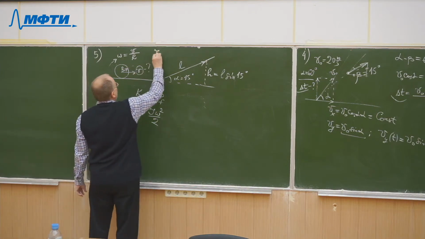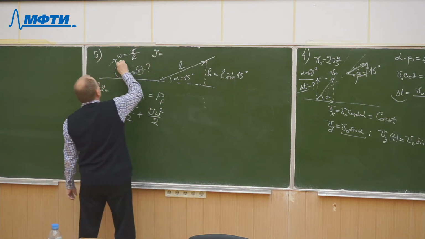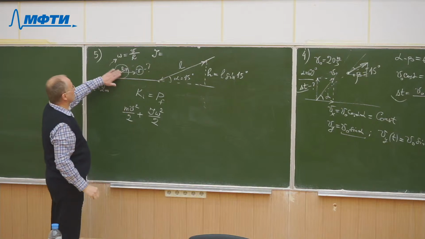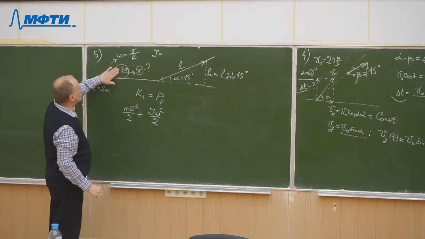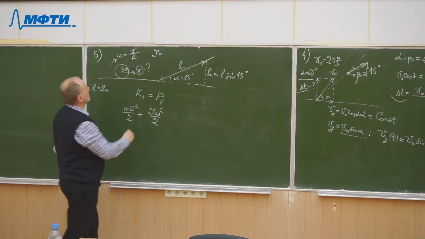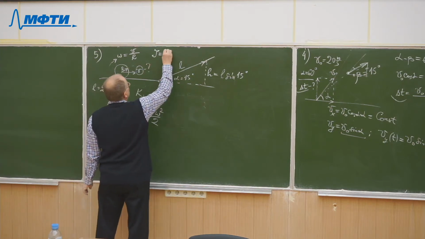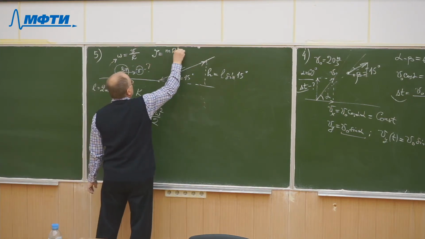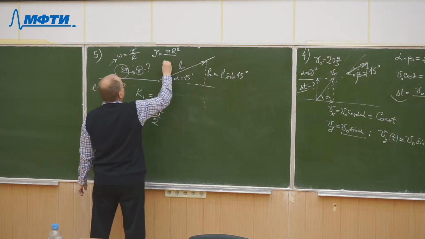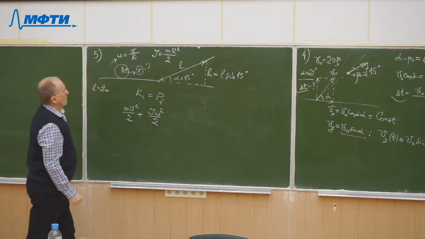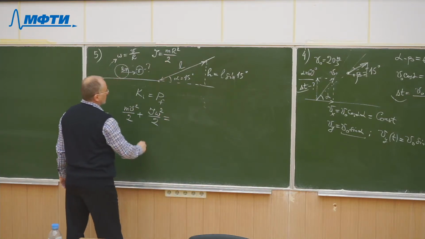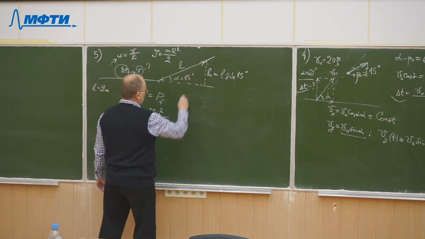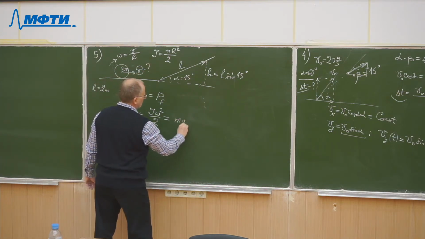For the uniform disk, what does uniform mean? It means that the mass is distributed uniformly through the disk. For such a body, the moment of inertia is m r squared over 2, the mass of the disk times radius squared over 2. And this should be equal to the final potential energy. Everybody understood it was mgh.